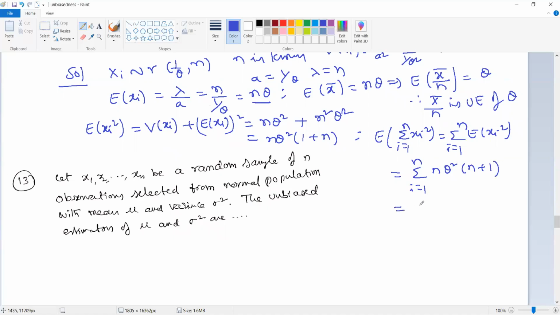So n into n plus 1 theta square, summed i equal to 1 to n, that is n square into n plus 1 into theta square.